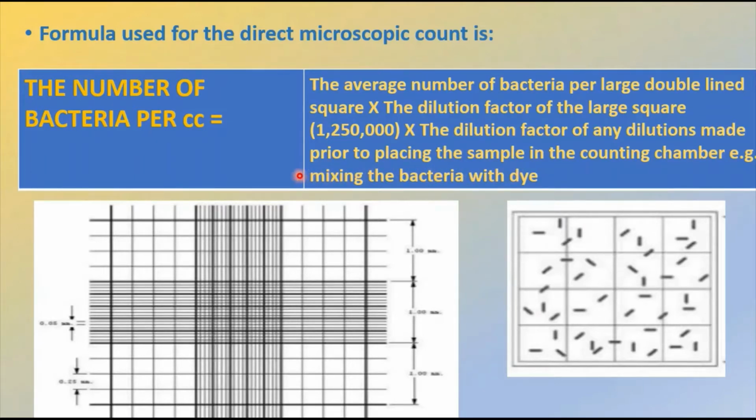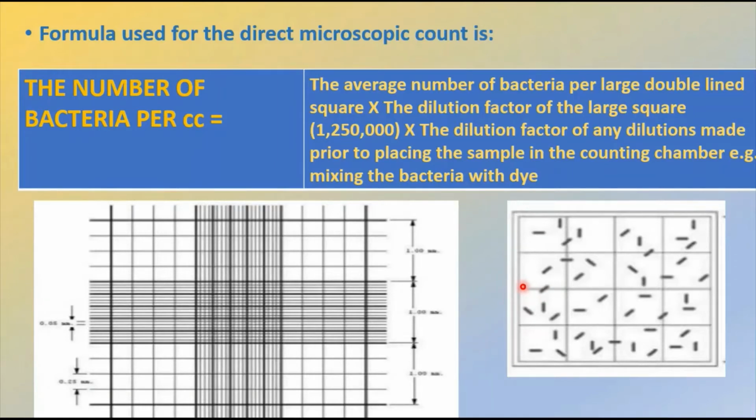That means the Petroff-Hausser counting chamber possesses small etched squares which are 1/20 of a millimeter wide and 1/50 of a millimeter deep, and the volume of one small square, as you can see here, is therefore 1/20,000 of a cubic mm, or what we call 200 lakhs when converted to cubic centimeter.